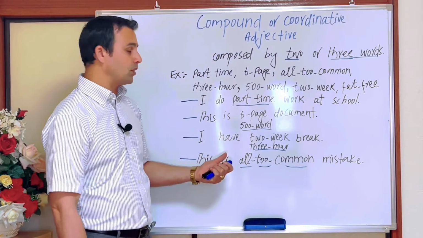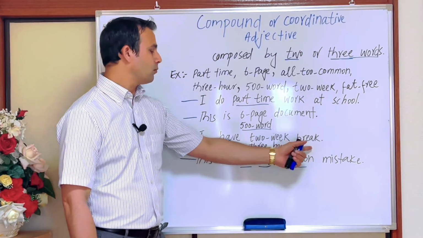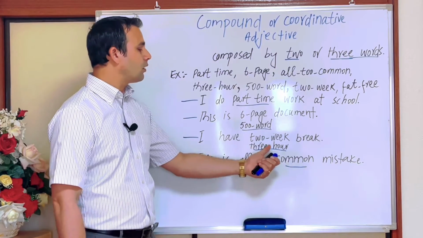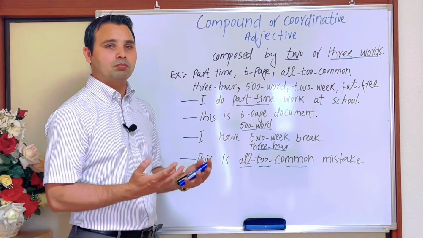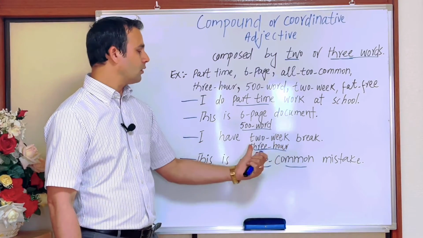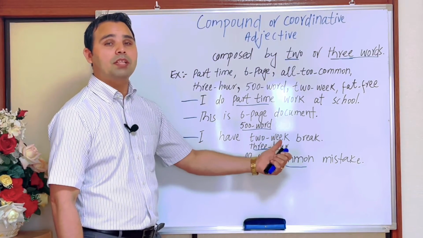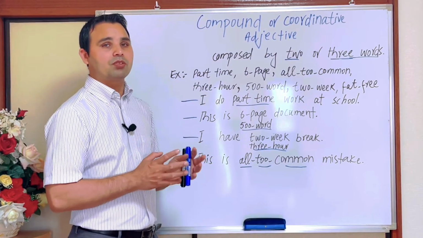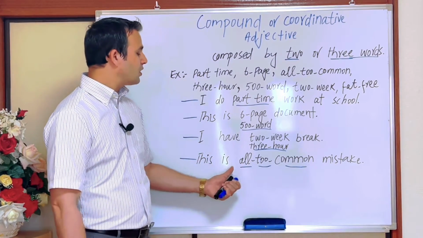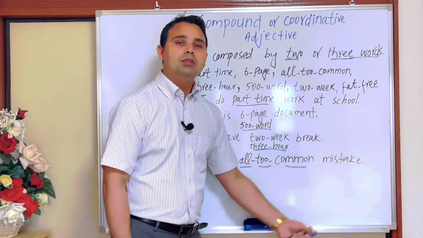Then the next example is, I have a 2-week break, or I have a 3-hour break. Here we have used the same pattern. 2-week, we are not going to use 2 weeks. No, it will always be used as singular. This is an all-too-common mistake.